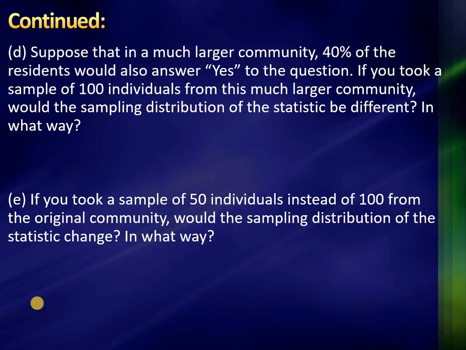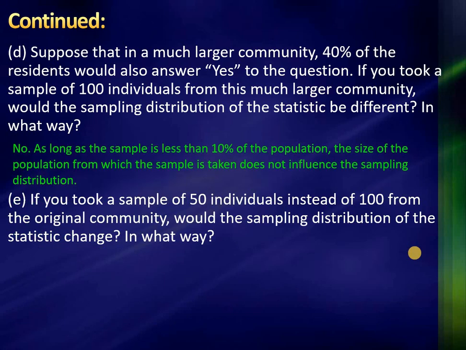What have I changed for D? The population size. And I've made it what? Bigger. What does the size of the population have to do with the sampling distribution? Nothing.